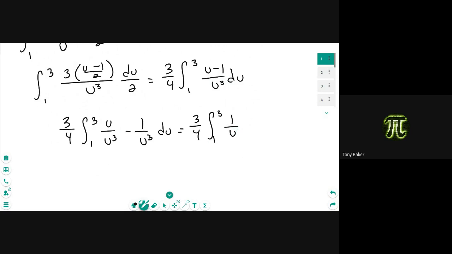Then I have the integral of 1 over u squared minus 1 over u to the third. So what's the integral of 1 over u squared?